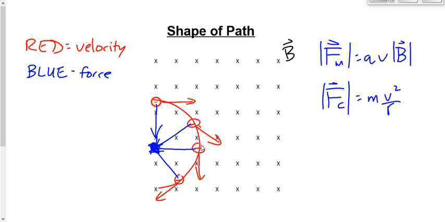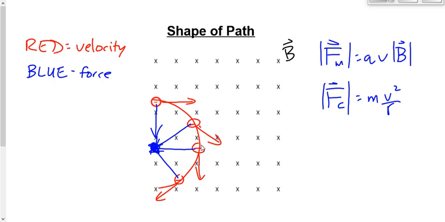When I swing my keys around my head, the centripetal force is caused by the tension in the string. When a car goes around a turn, the centripetal force is caused by friction. The centripetal force is always caused by something. Here, the centripetal force is caused by magnetism.